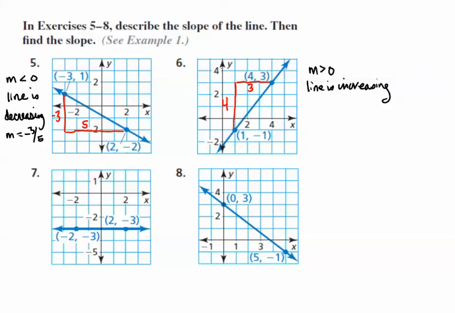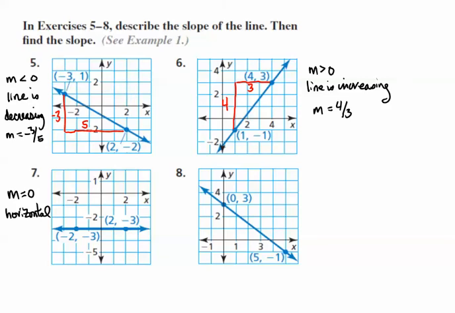And so we have a slope of 4 over 3. Number 7, we have a horizontal line, so we know right away that m is 0. The line is horizontal and the slope is 0.